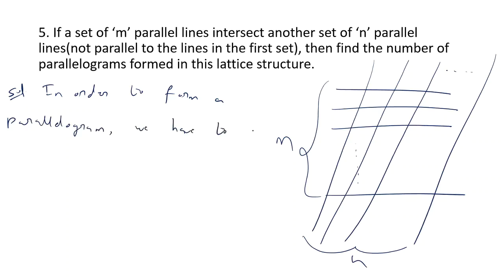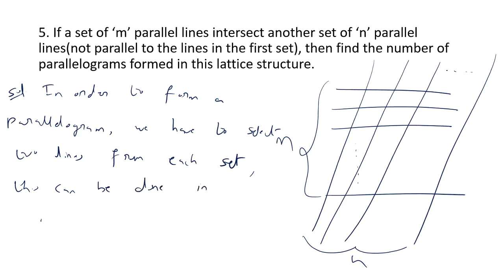So in order to form a parallelogram, we have to select 2 lines from each set. This can be done in m choose 2 times n choose 2 ways.